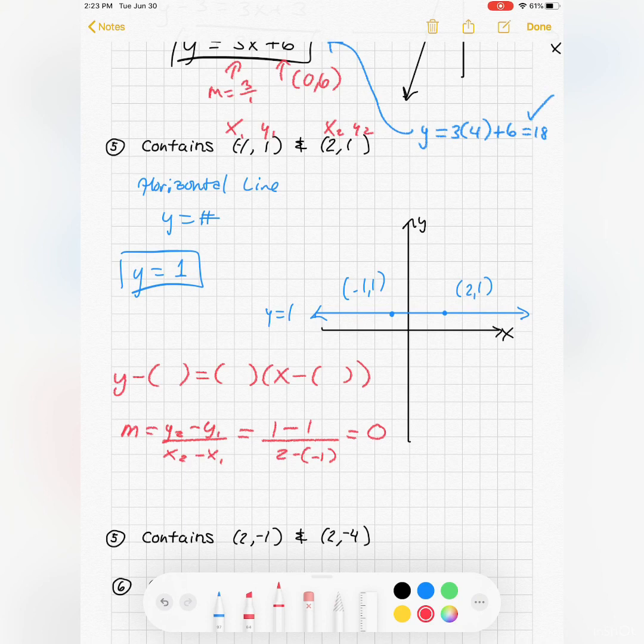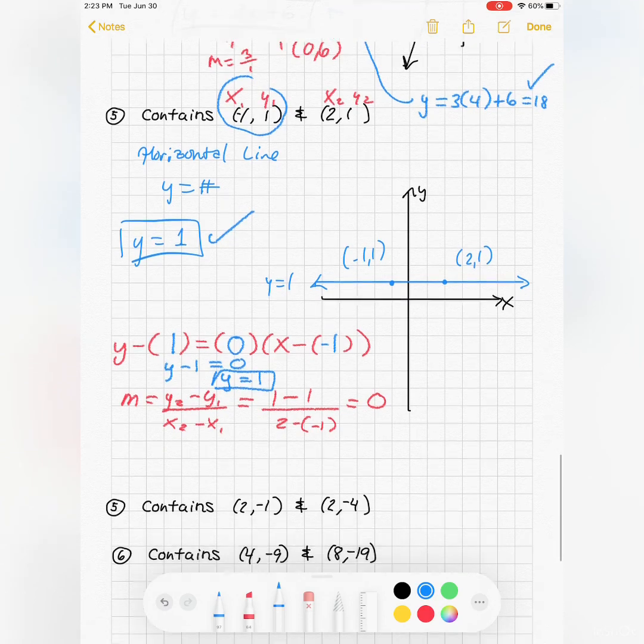But I already knew that because I know a horizontal line has a slope of 0. Let's plug in the values for the x1, y1. 1, -1. So look what happens. This whole side zeroes out. Don't you just add the 1? So you see, I really didn't need to do the point slope form because I actually know I have a special case there. So it's not necessary unless you want to. Okay, if you already know you have a horizontal or a vertical line, you can just go ahead and write the equation.